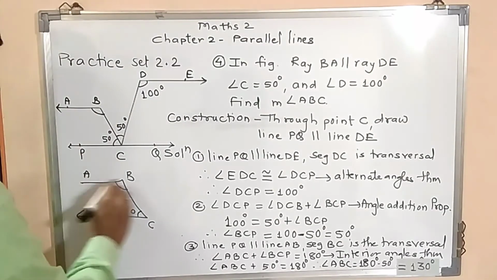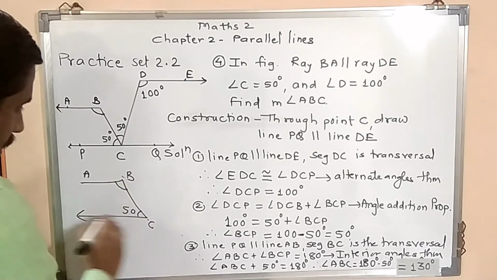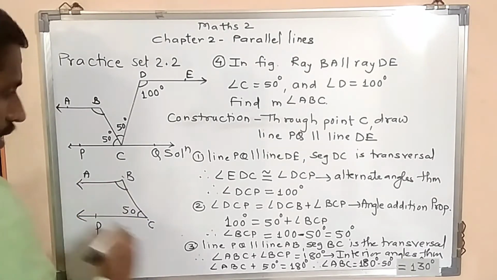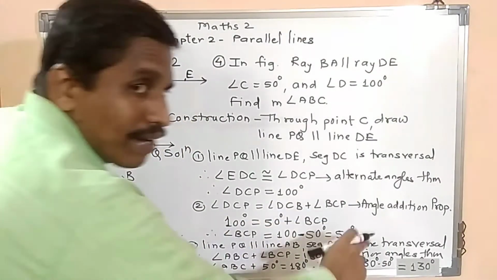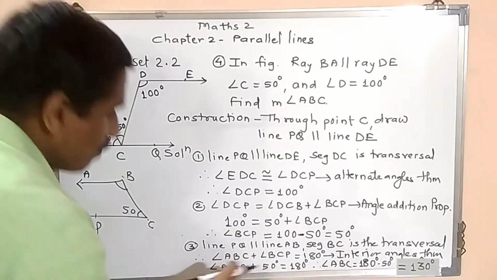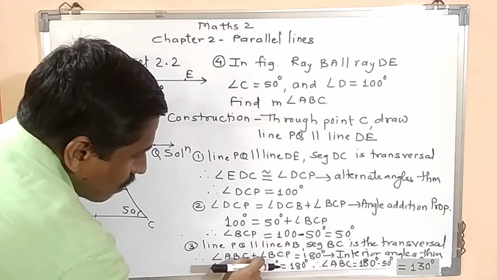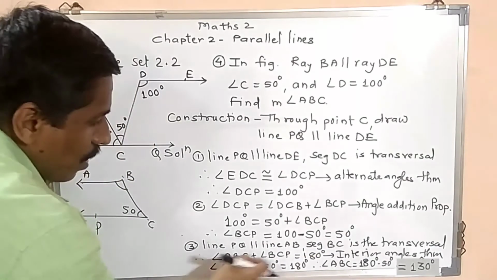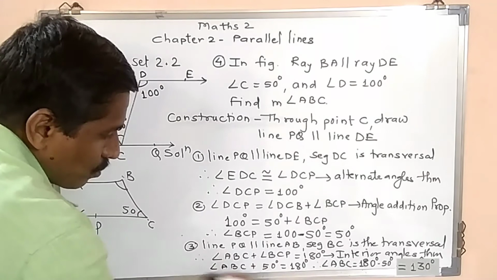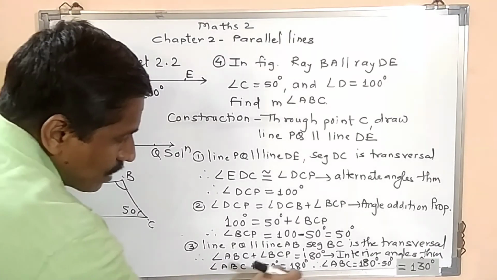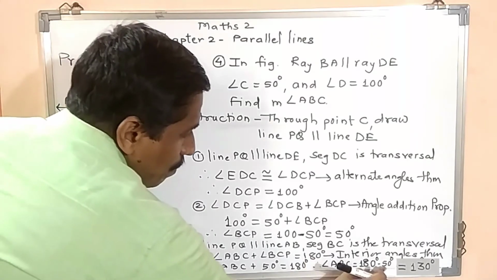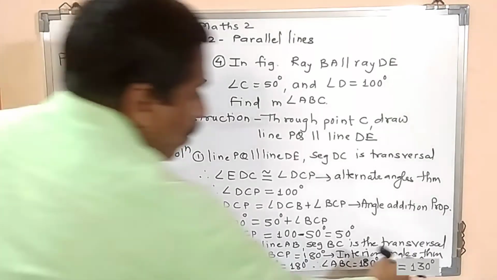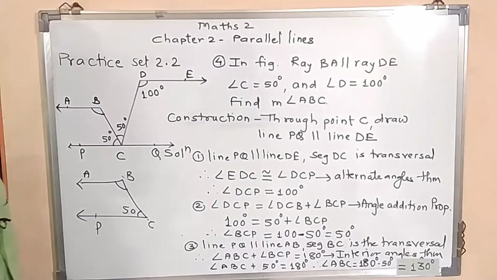So angle ABC and angle BCP form interior angles, and we know that if lines are parallel, interior angles are supplementary. Therefore angle ABC plus angle BCP is 180. Value of BCP is 50. Substituting, angle ABC plus 50 is equal to 180. So angle ABC is 180 degrees minus 50 degrees. Therefore angle ABC is 130 degrees.